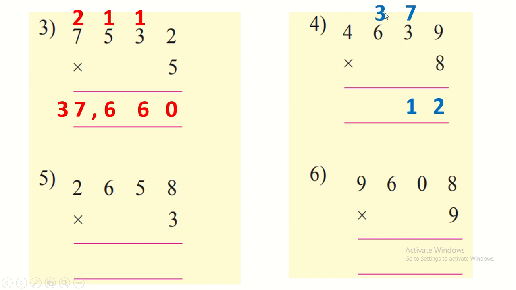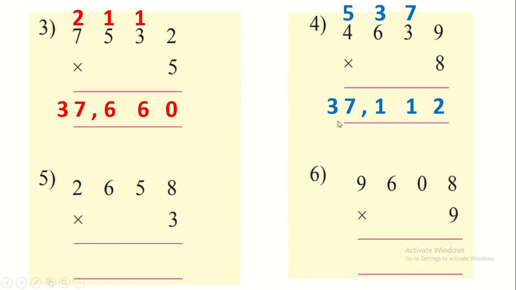Write 1, carry 3. 8 times 6 is 48 plus 3 is 51. Write 1 and carry 5 here. 8 times 4 is 32 plus 5 is 37.